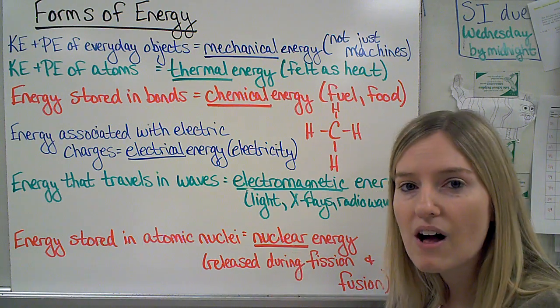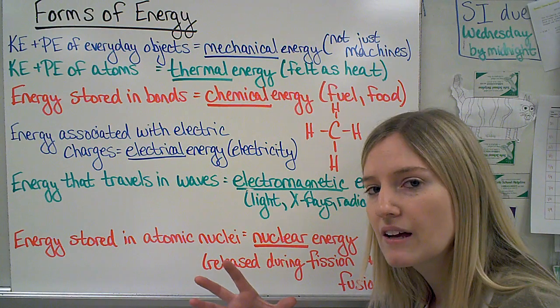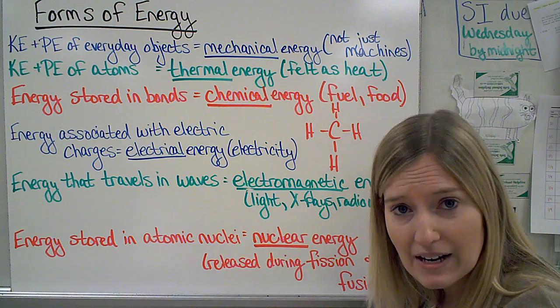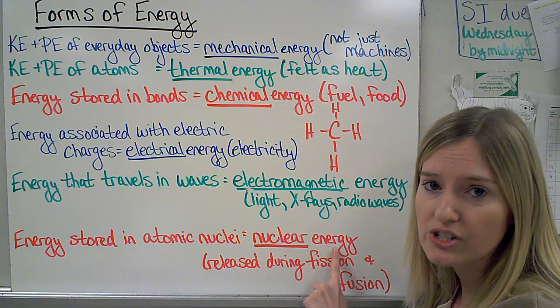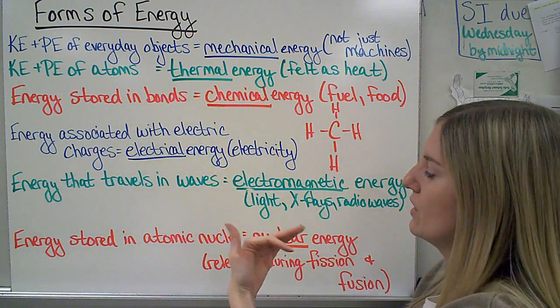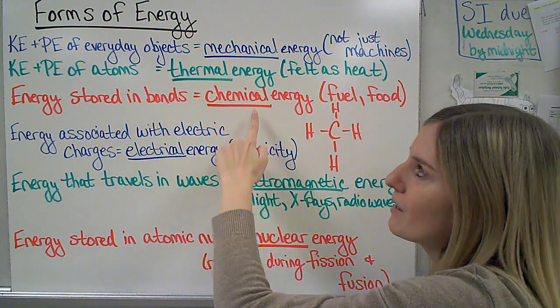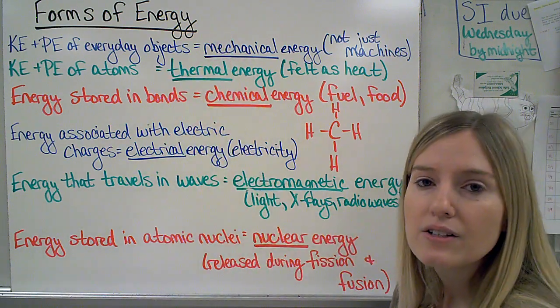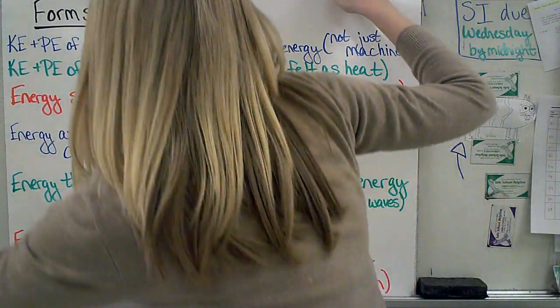So when we talk about all that energy being released from fission, so splitting of my nuclei, or fusion, combining of my nuclei, that energy that's released is nuclear energy. So again, I can convert nuclear into thermal, or I can convert chemical into mechanical, depending on what my goal is.